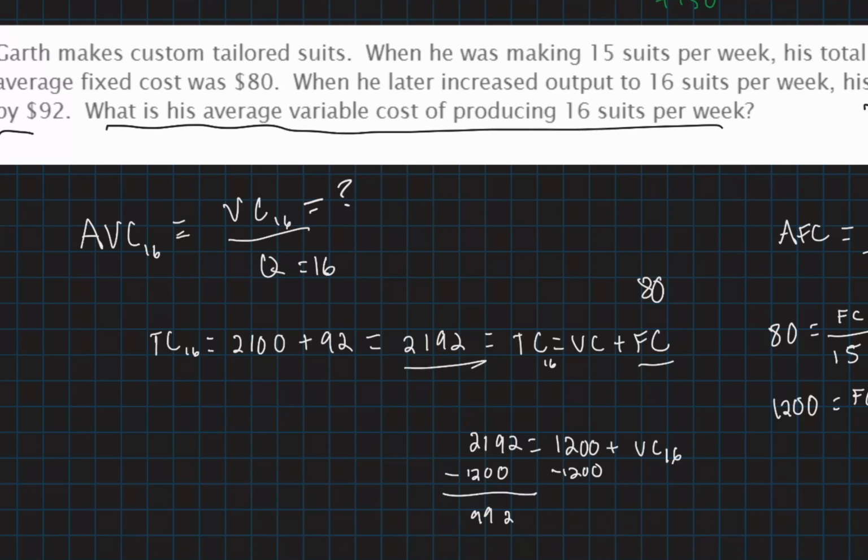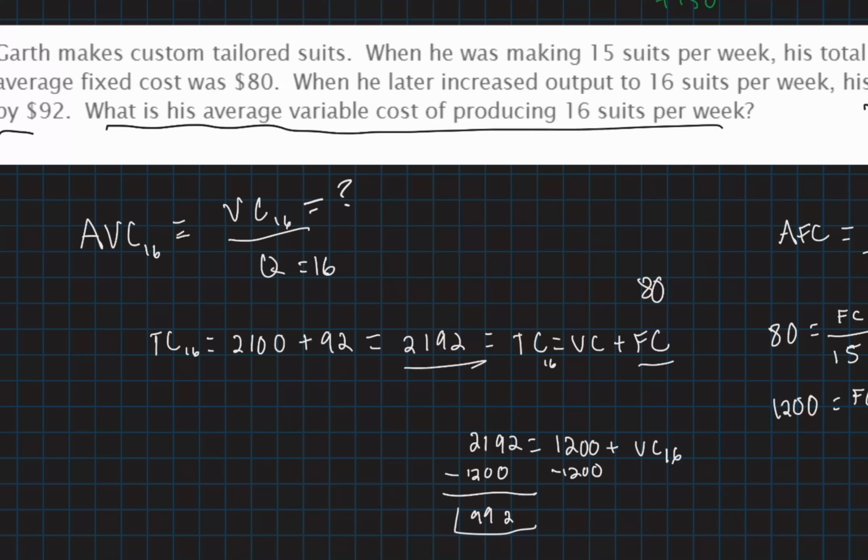You probably want to fact check that. I'm literally doing this all in my head. 992. I believe that. That makes sense, right? Because if I added 800, that'd be 2,000. Yeah, I believe that's right.